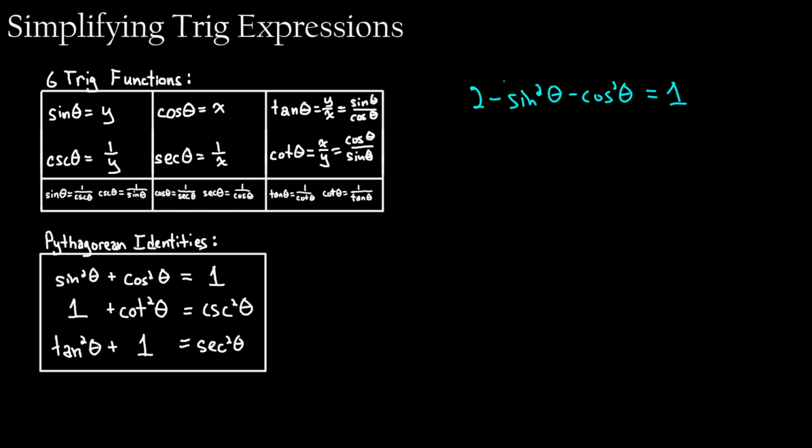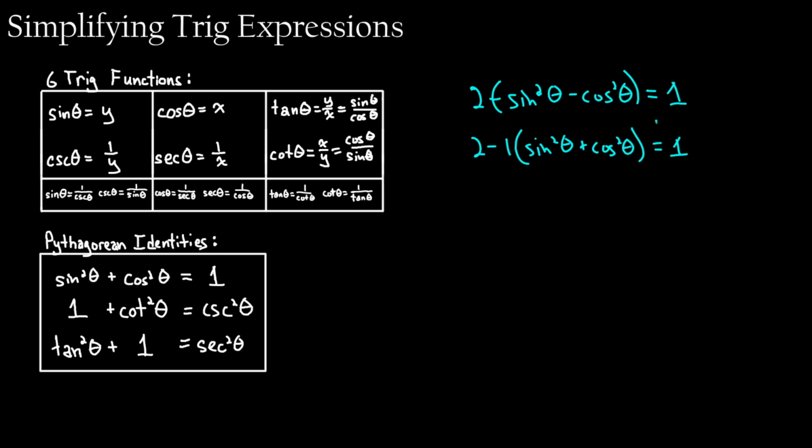Why don't we put parentheses around this and pull out a negative. So if I do that, I'm going to say 2 minus 1 times, and if I pull that negative 1 out of there, I end up with positive sine squared theta plus cosine squared theta is equal to 1.